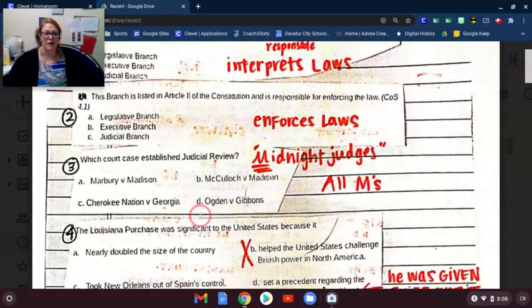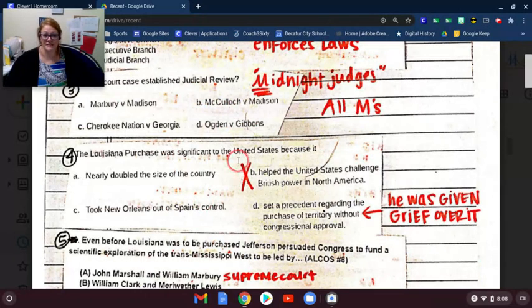Louisiana Purchase is significant to the United States because it nearly doubled the size of the country. B, help the United States challenge British power in North America. We didn't buy the Louisiana Purchase from the British, so that can't be right. C, took New Orleans out of Spain's control. Was it Spanish?